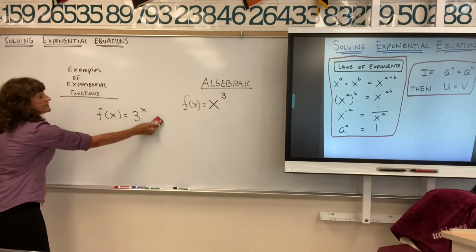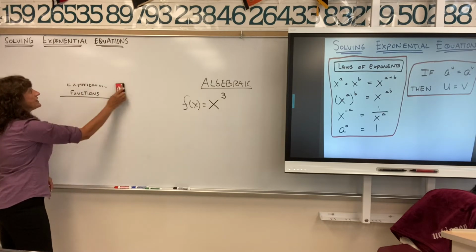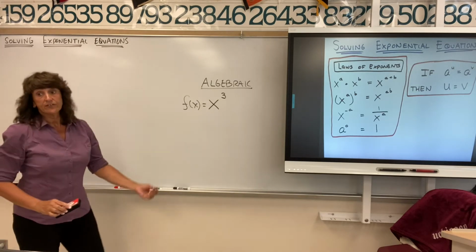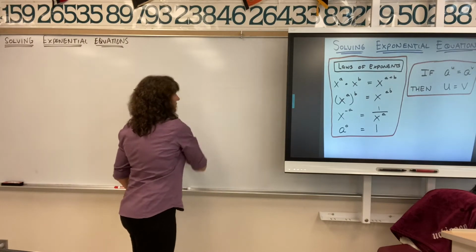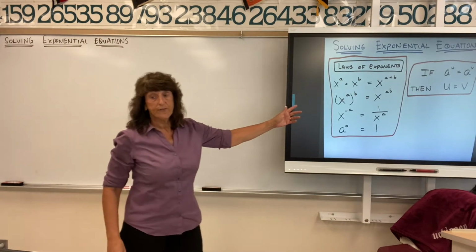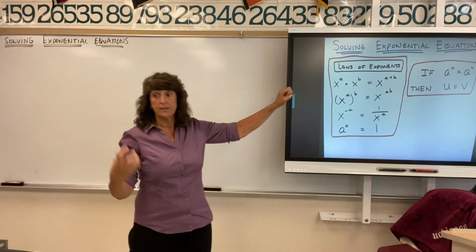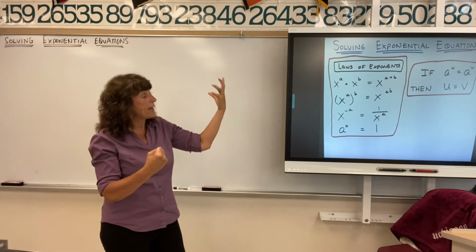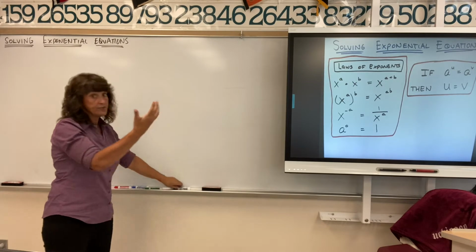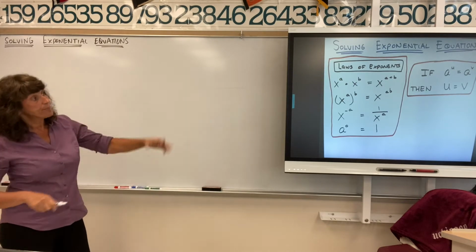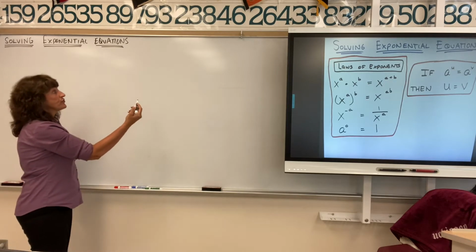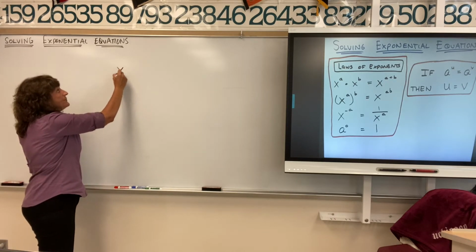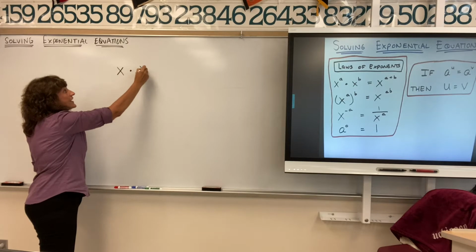Before we start solving equations with exponential functions, let's take a look at some of the laws of exponents that we need to review. The first law of exponents: anytime you take a base to a power times a base to a power, you keep the base and add the exponents.